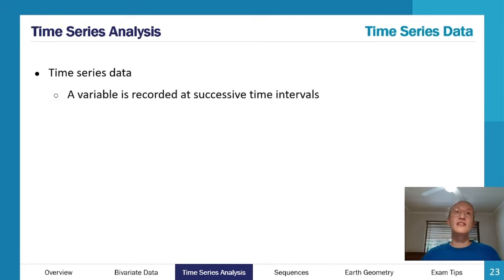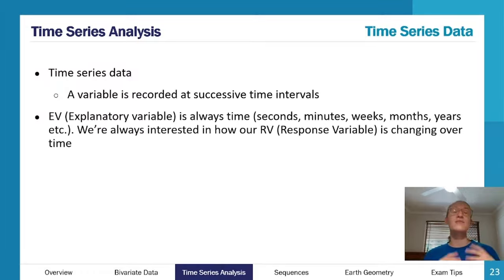The defining thing for time series data is that it's bivariate data where the explanatory variable is always some measure of time. So our second variable, the response variable, is recorded at successive time intervals, and then we can graph that on a time series plot and look at how it changes over time.